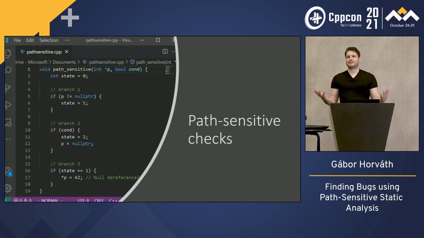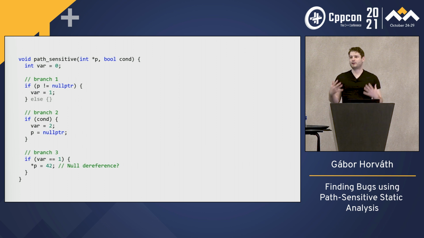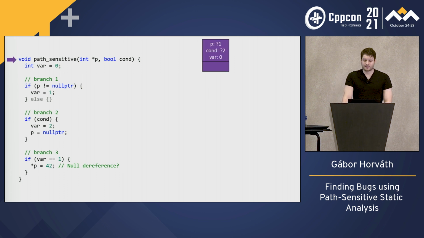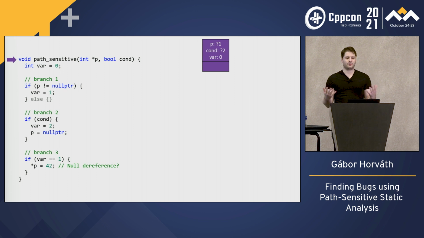So let's look at path-sensitive analysis, and let's look at how path-sensitive analysis can help with the previous problem. Specifically, how can we avoid false positives like the one we had before? So we will look at the same code snippet that we were analyzing before, but we will use a slightly different method. So in this case, in the analysis state, I will record everything about the program that I can.